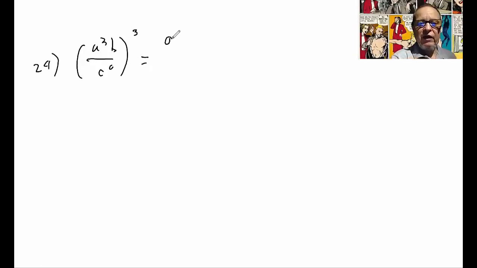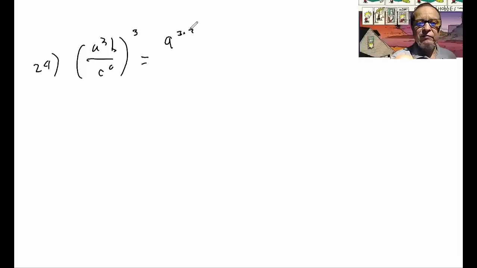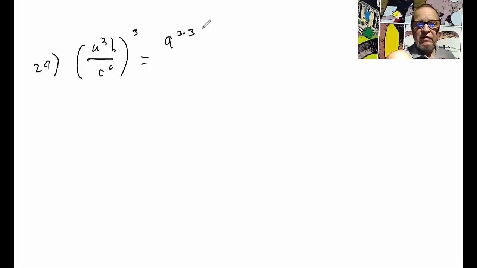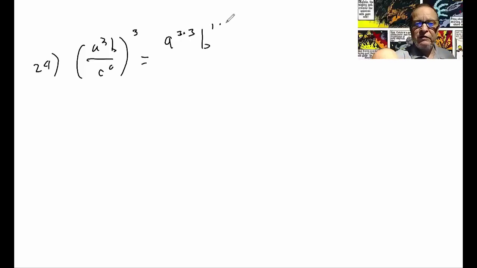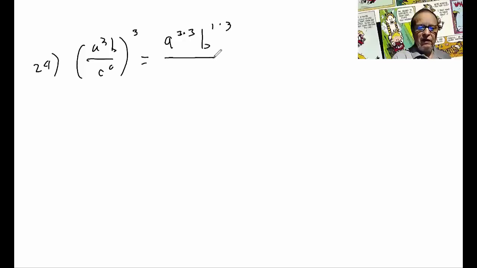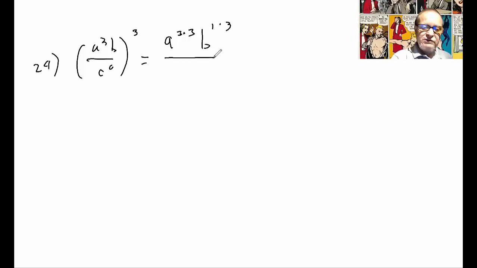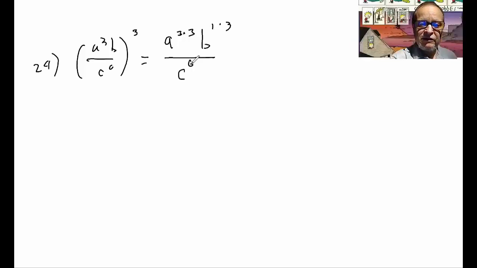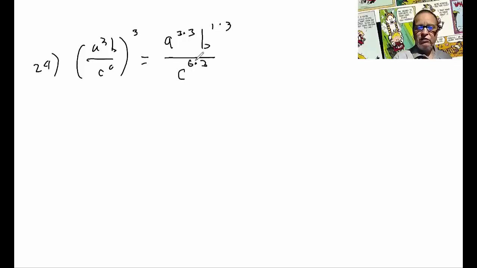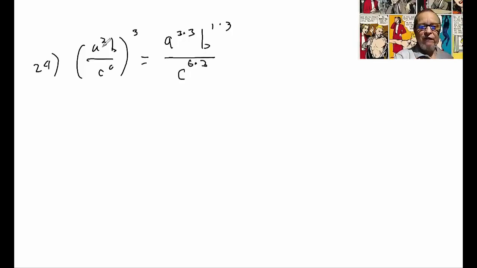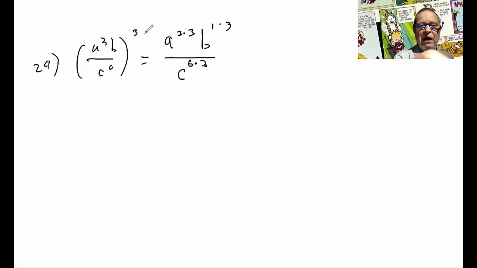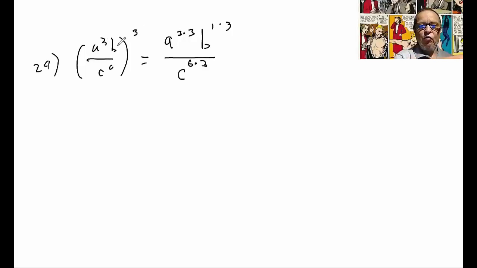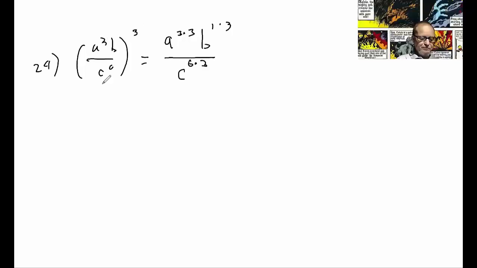So we have a, 3 times 3. B, well, since b is to the first power, it's going to be 1 times 3. And then finally, c, 6 times 3. So you have to do it to everything that's inside the bracket. So this power is affecting all of these.